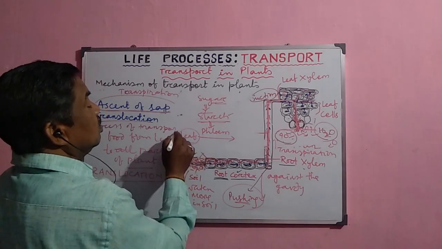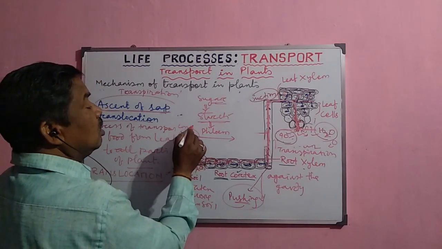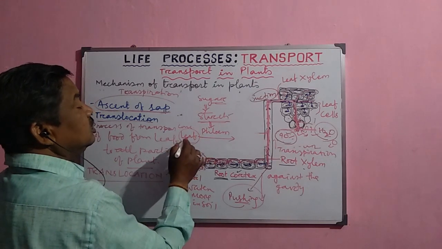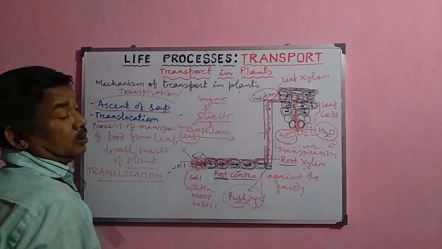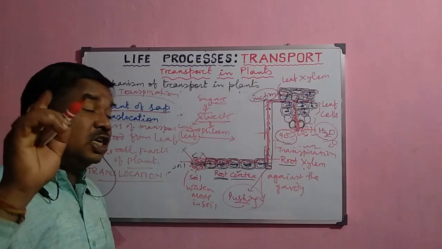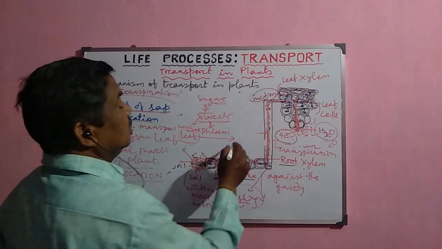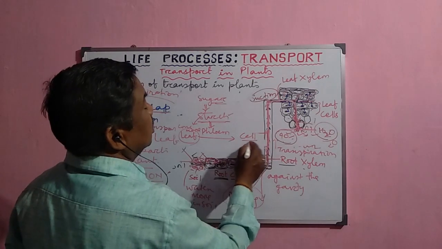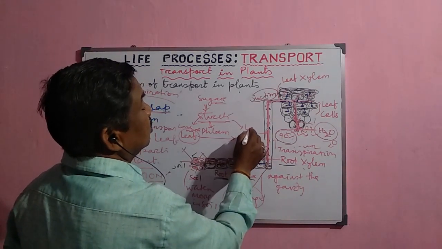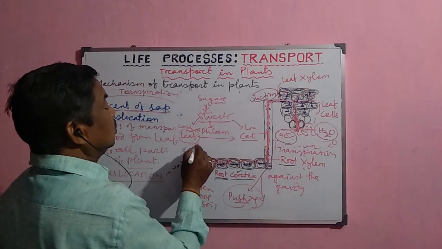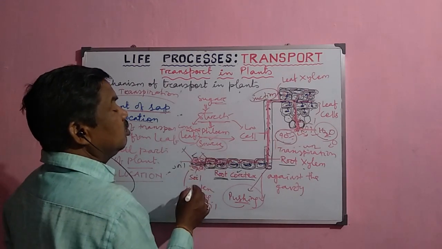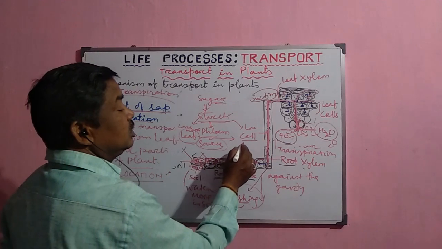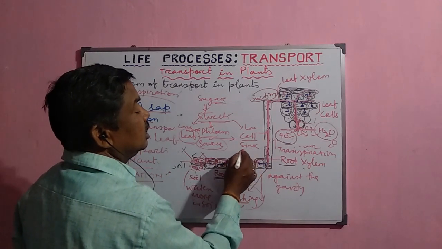And this phloem tissue normally transports the food from the leaf to all parts, because in the leaf the concentration of food or starch is more. The starch is more here, and it is required in each and every cell, where the starch is low. So that is why the leaf is called the source, from where the starch starts its movement, and the cells are the sink where they are utilized.